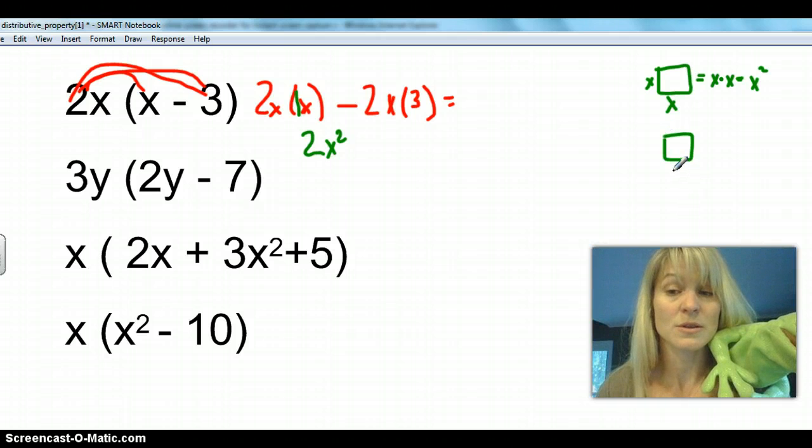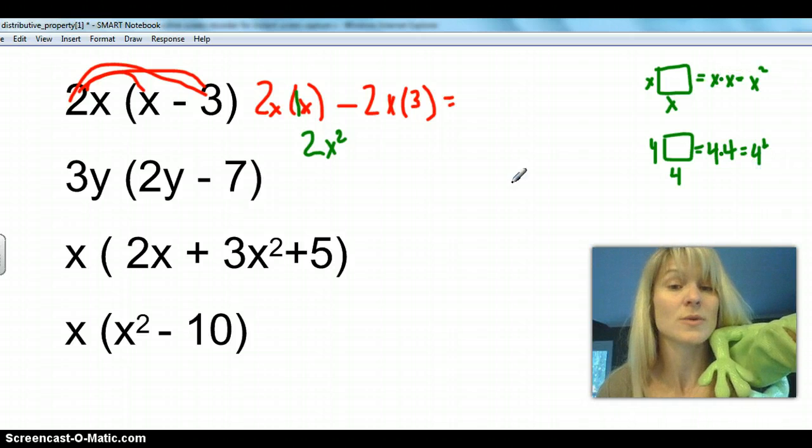Let's say we knew the value was 4 for this square, and we wanted to find the area, you would say 4 times 4. You could write that as 4 squared, and that's why this is x squared. It's the same thing times itself. 4 times 4 is 4 squared. 5 times 5 is 5 squared. X times x is x squared.